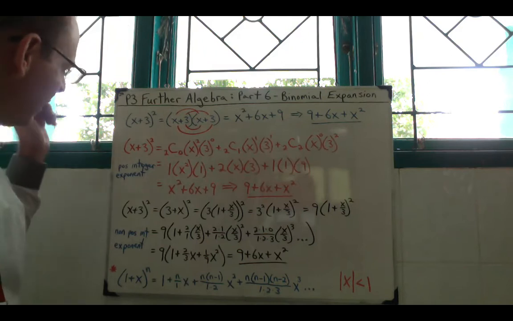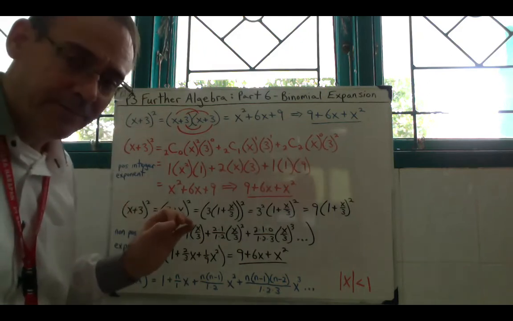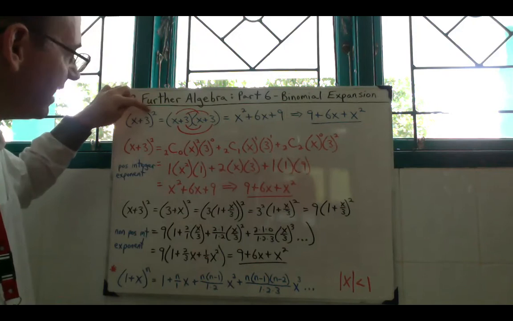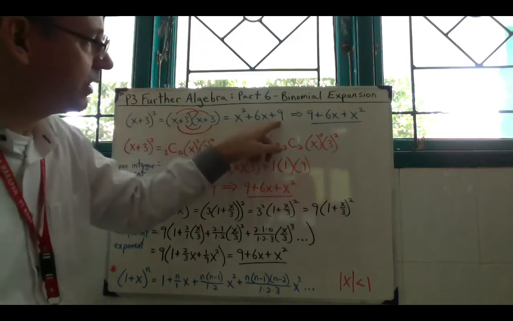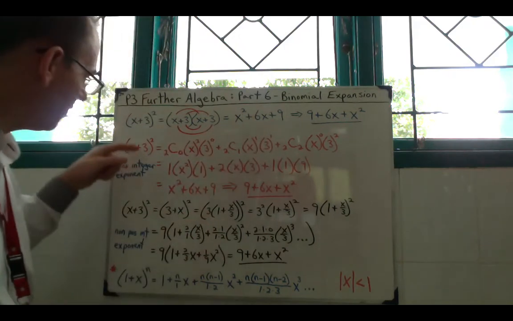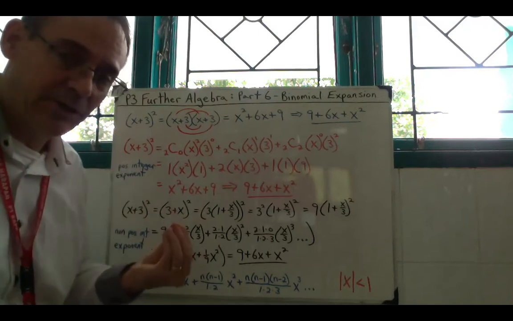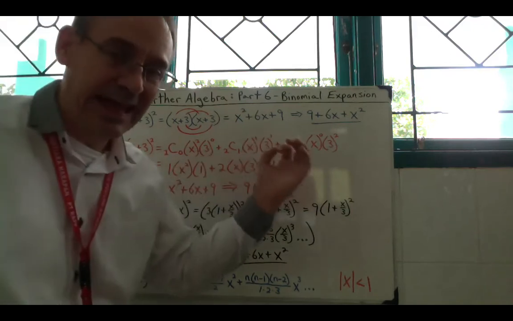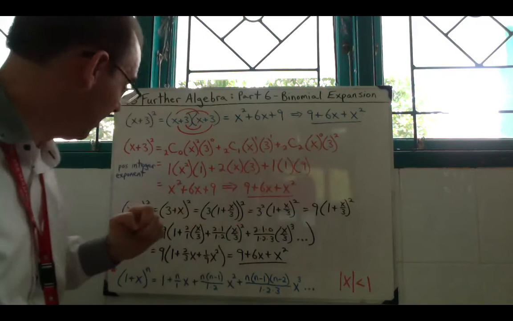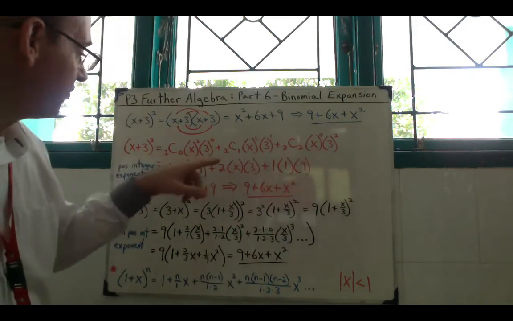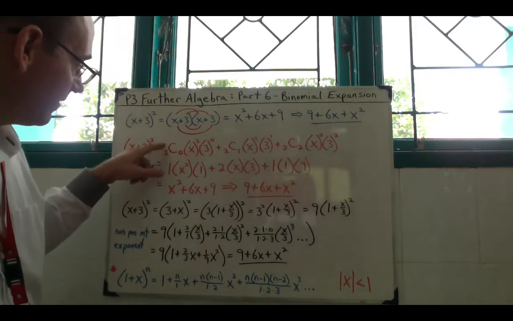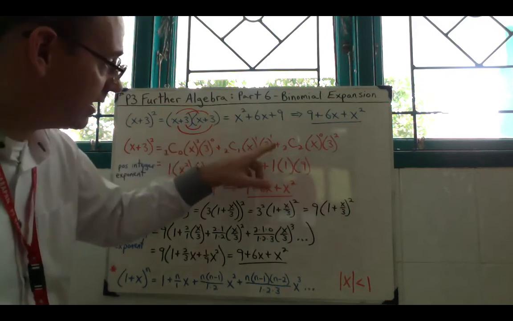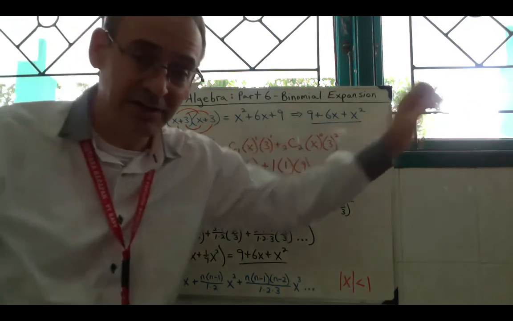So if we had a 7th power, notice with a second power, we end up with 3 terms. So if we had a 7th power, we would end up with 8 terms, okay? And we could use this, we would have 7C0, 7C1, 7C2, all the way to 7C7.